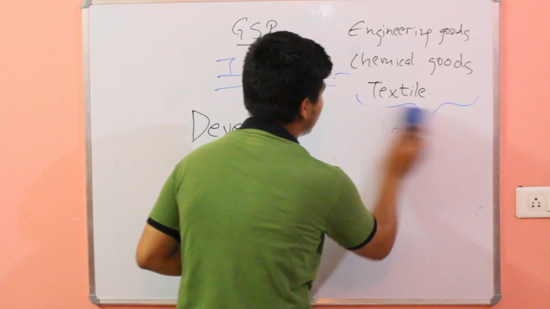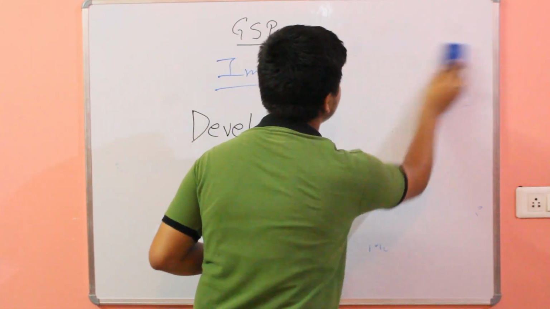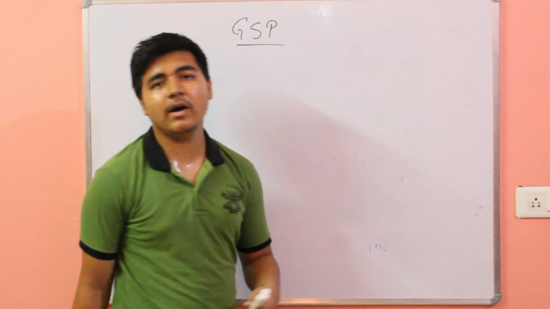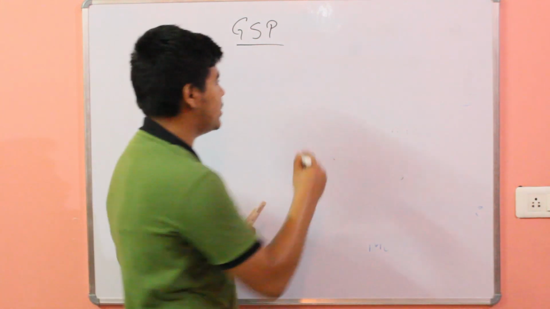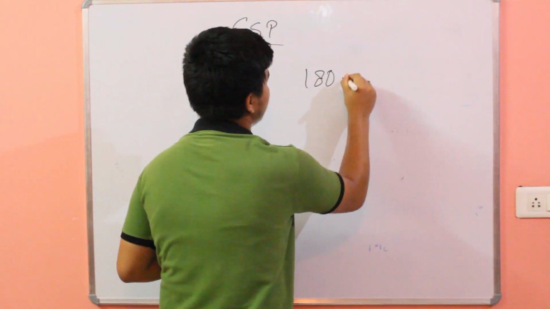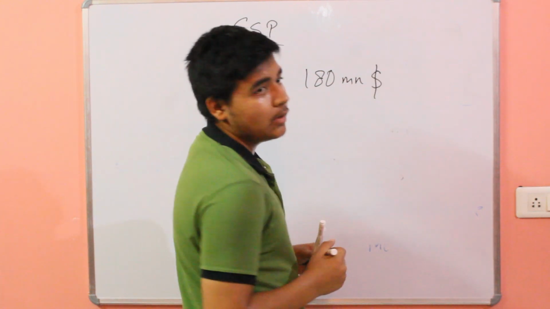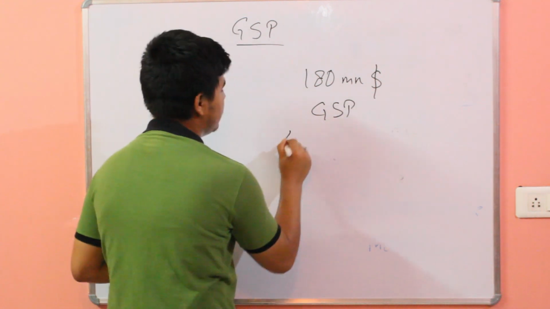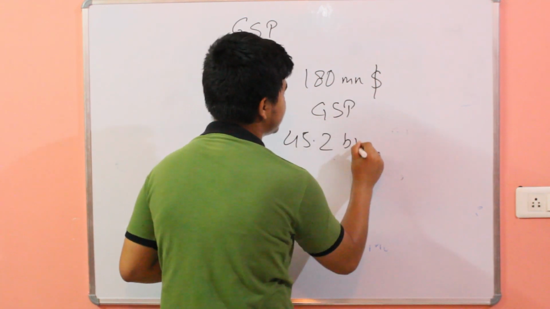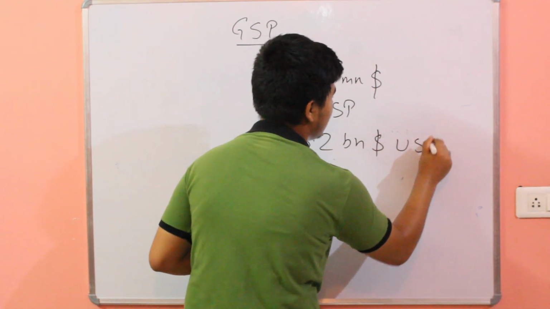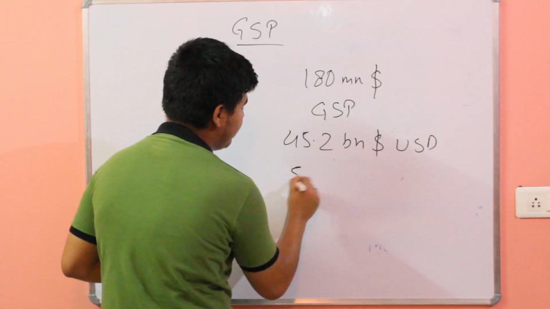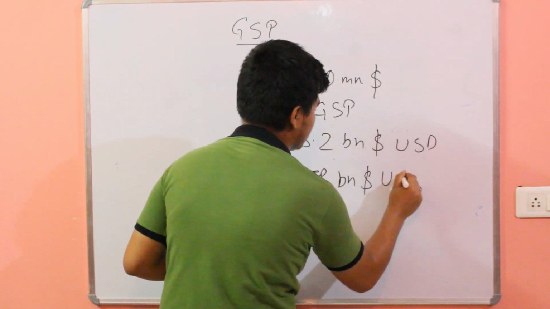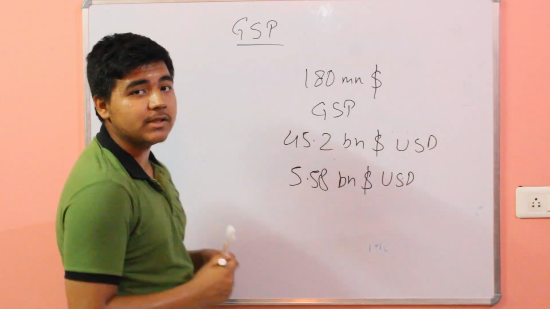The Indian government is not paying much attention to this because it is small: 180 million dollars was the profit India gained under the GSP regime, and out of $45.2 billion last year in US dollars, $5.58 billion was covered under the GSP regime.